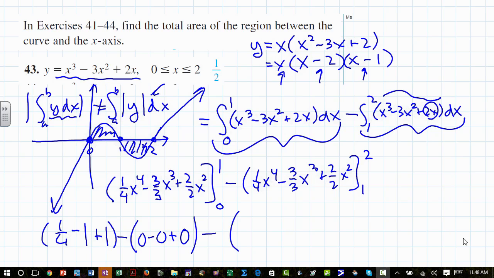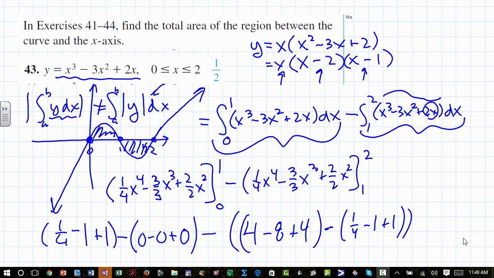Minus, see, 2 to the 4th is 16. 16 divided by 4 is 4. 2 to the 3rd is 8. 8 times -1 is -8. 2 squared is 4. Minus 1/4 minus 1 plus 1. Would you double check all of my work to make sure I did that properly?